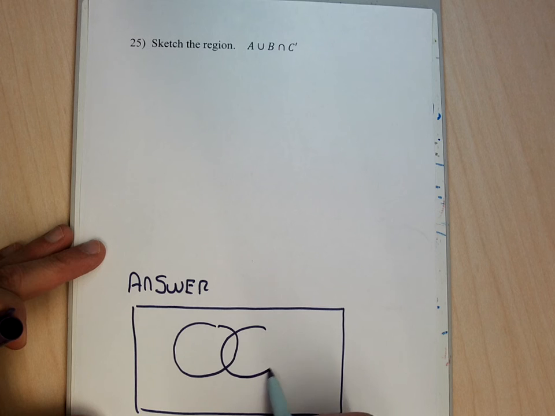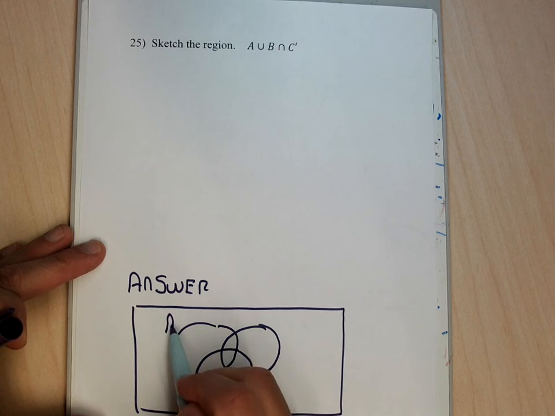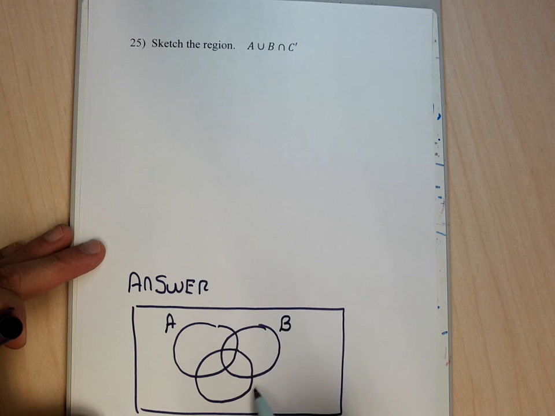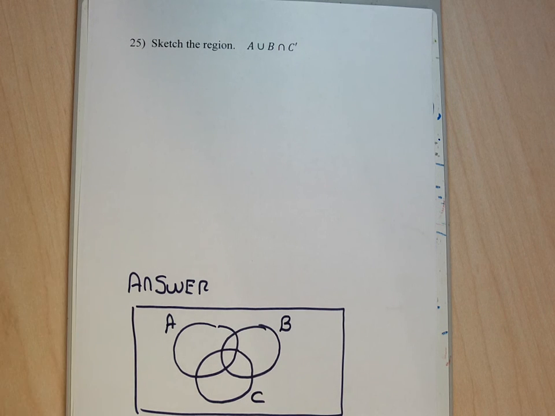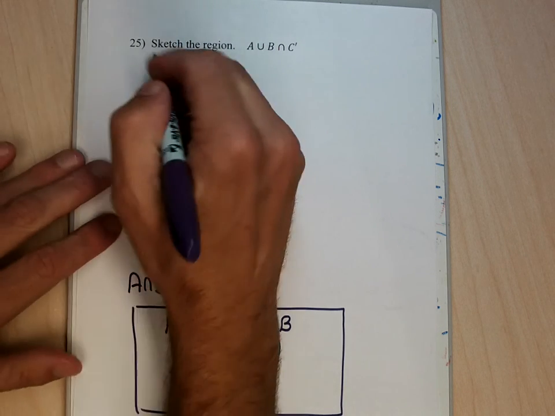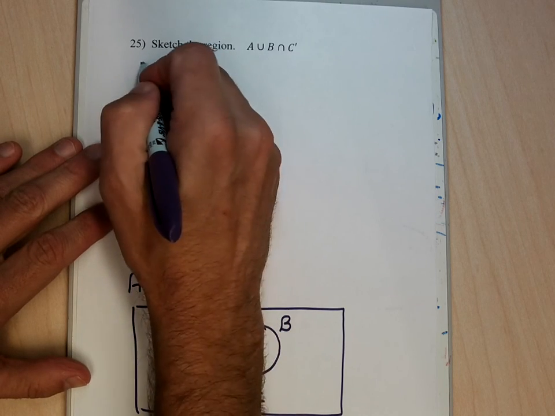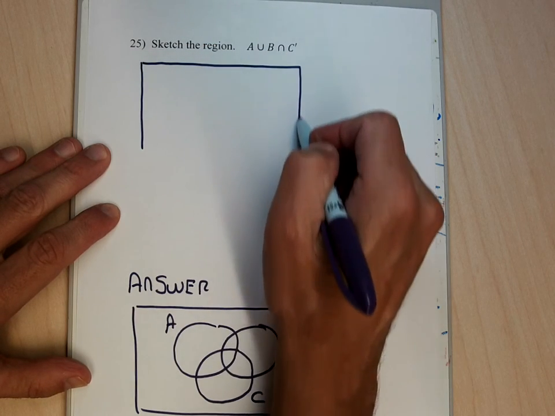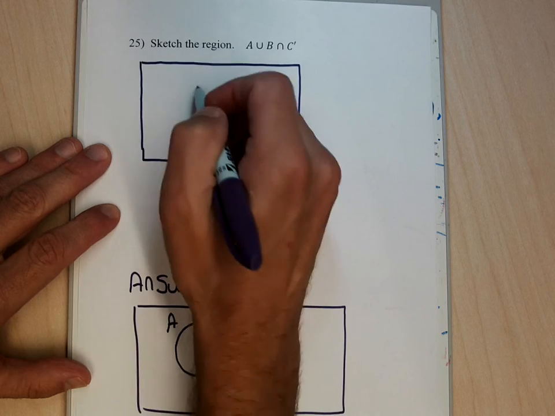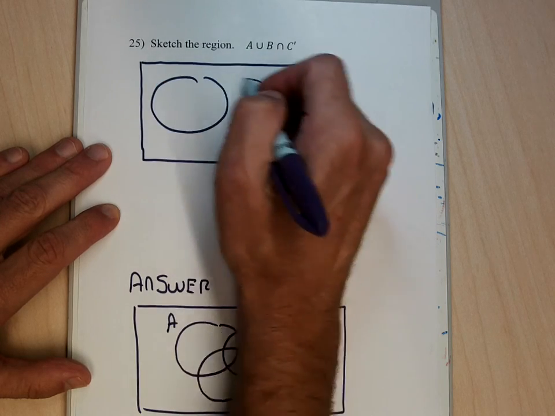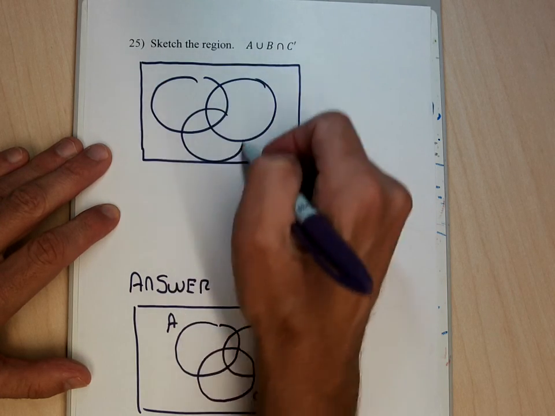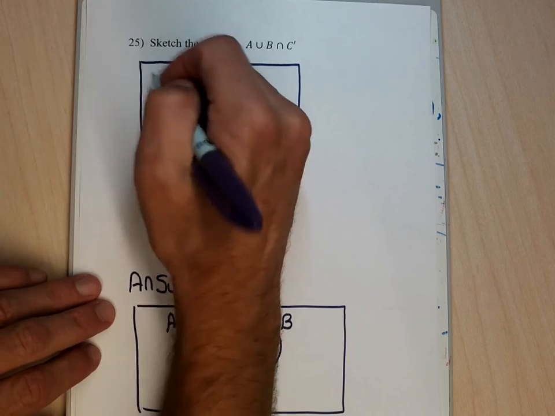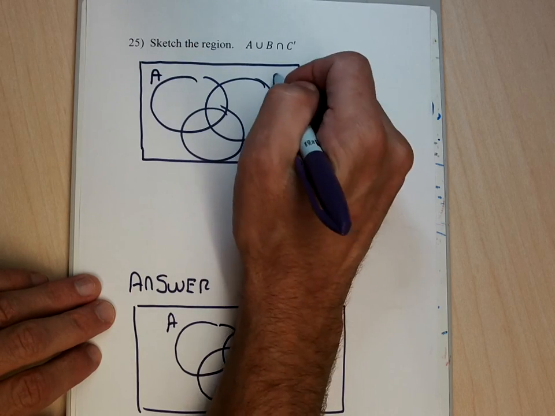And to do this, I'm going to draw a 3-circle Venn diagram in my answer, and I always go and label my sets like that. And again, I'm going to create a Venn diagram, fill it up with numbers, and use those numbers to help me figure out what regions I need to shade for my answer.